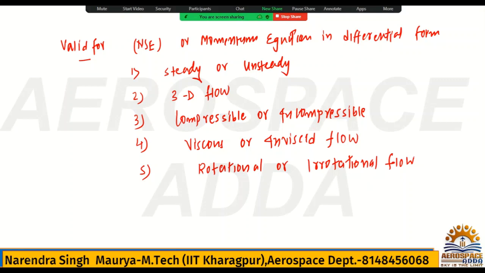Now if you apply conditions, like if you are writing the momentum equation for steady and inviscid flow, then what will happen?